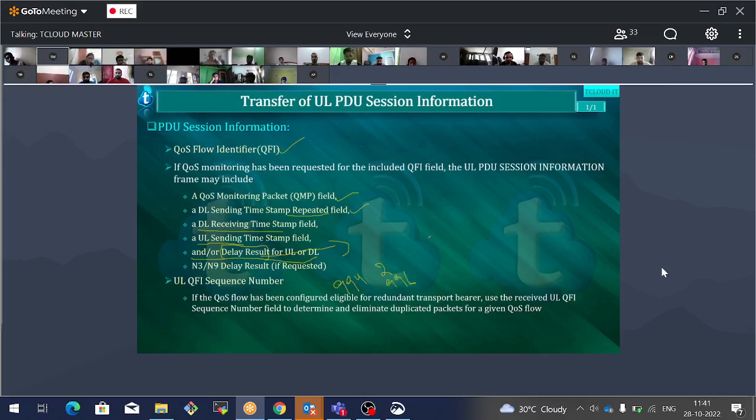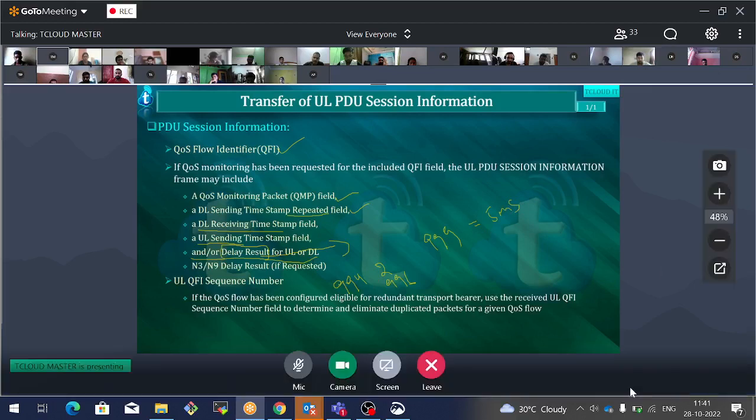By the time you are receiving it, it became 999. So you do the total estimation. So the total travel for the uplink packet, including radio delay plus the N3 interface delay together, is about 5 milliseconds. So like that, different timestamps.